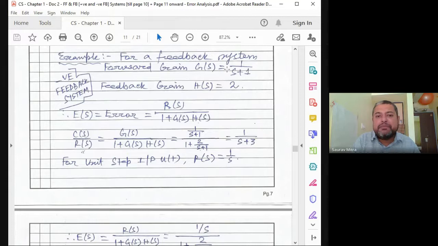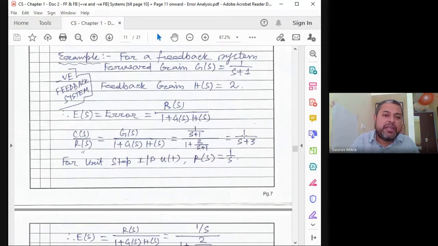The open loop transfer function was 2 by S plus 1, with only one pole at S equal to minus 1, and the closed loop system is also stable, and more stable.